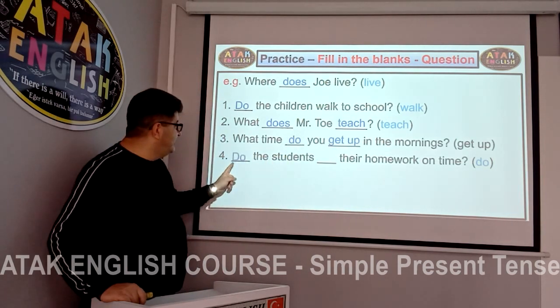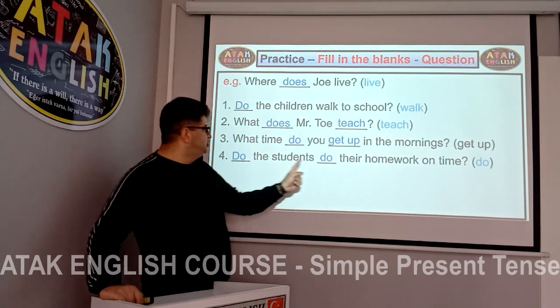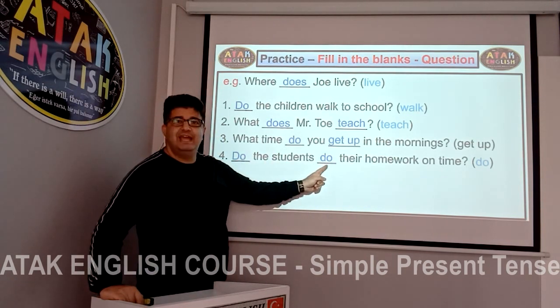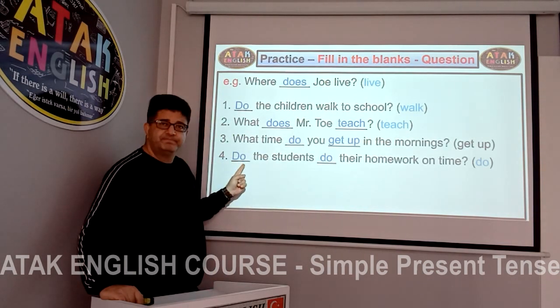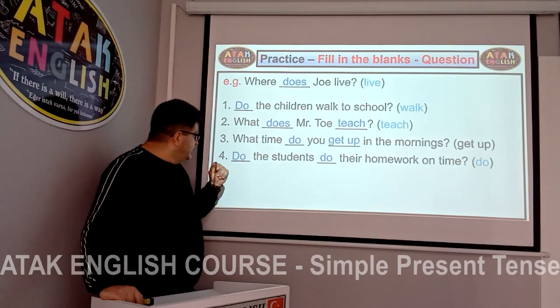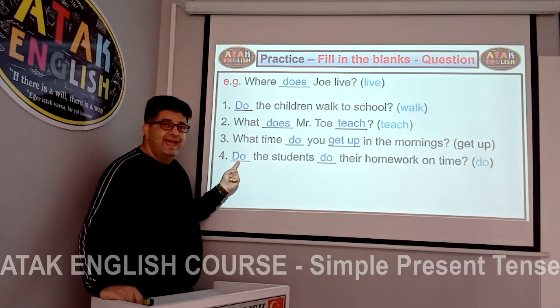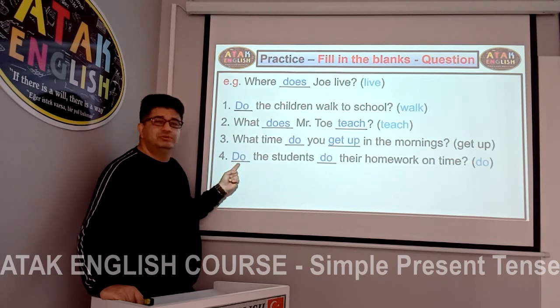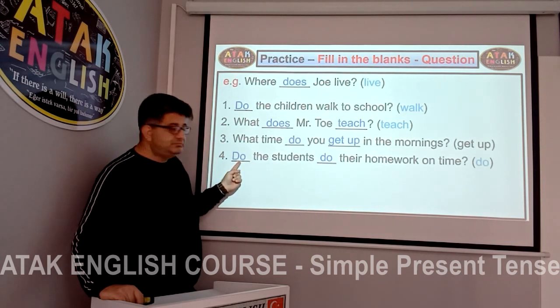Okay, that's a very problematic one. What is the difference between these two same things? That's do. That's also do. Let me tell you the difference. This do is not the verb, but a helping verb. When do I use do? In simple present tense, right?